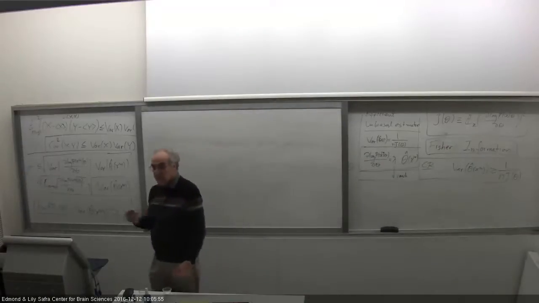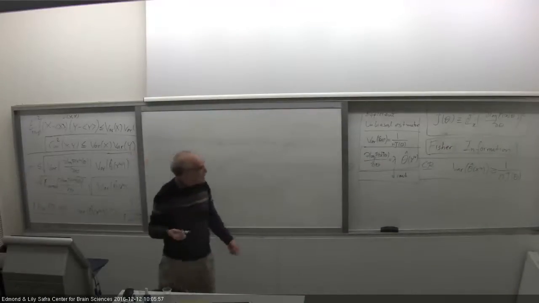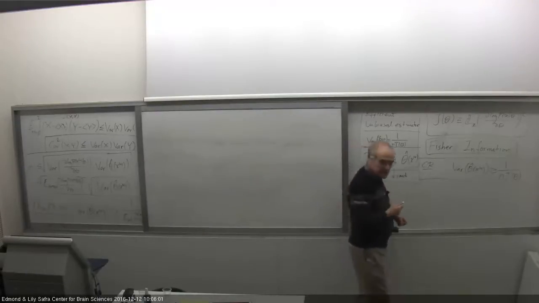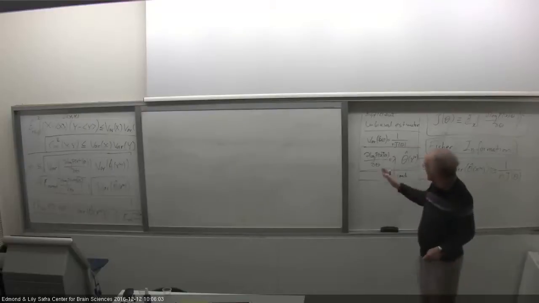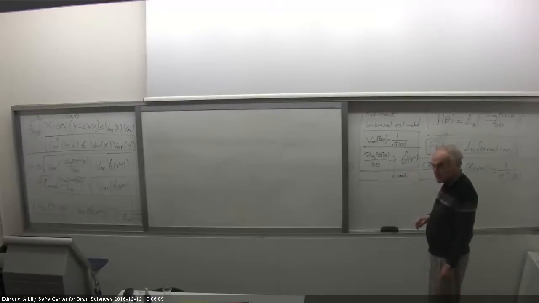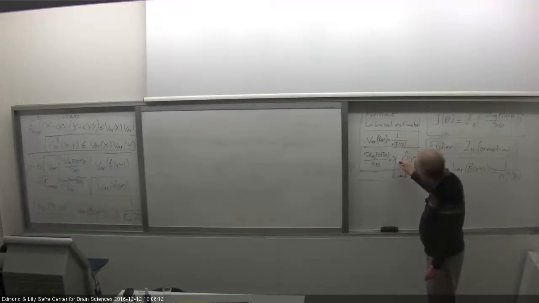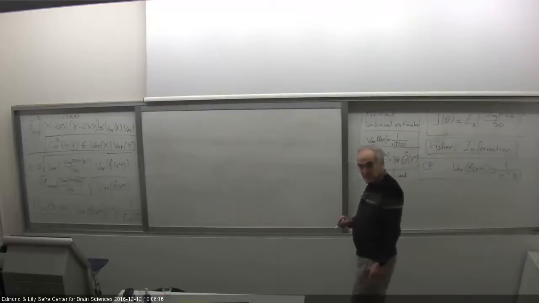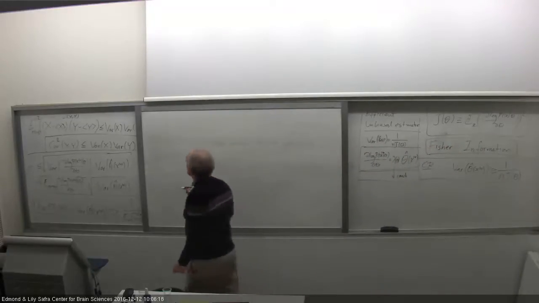Which means that there exists some constant lambda, which may, by the way, depend on theta in general. For every theta, as functions of x, this should be proportional. So this lambda, in principle, can be a function of theta. And actually, in general, is.